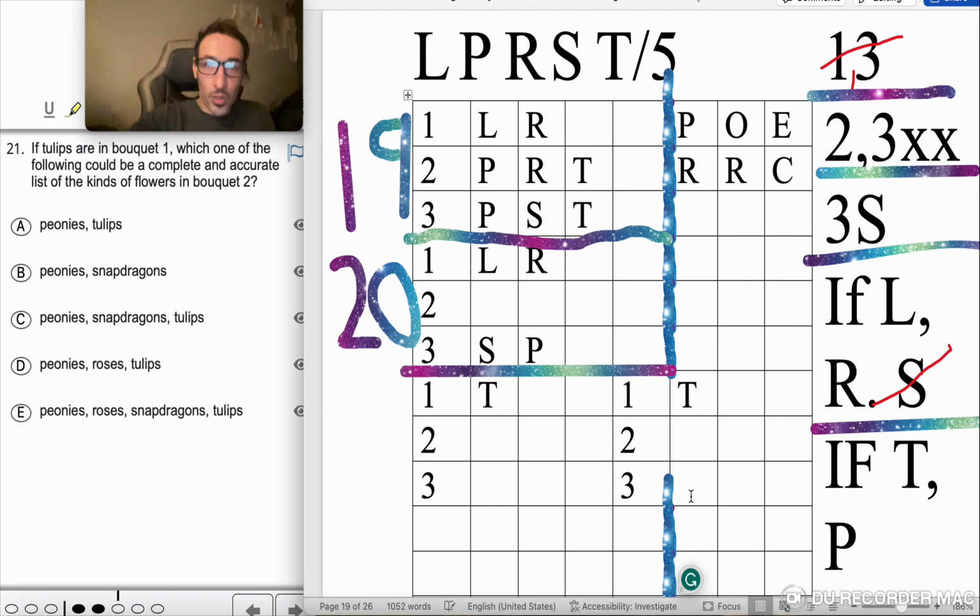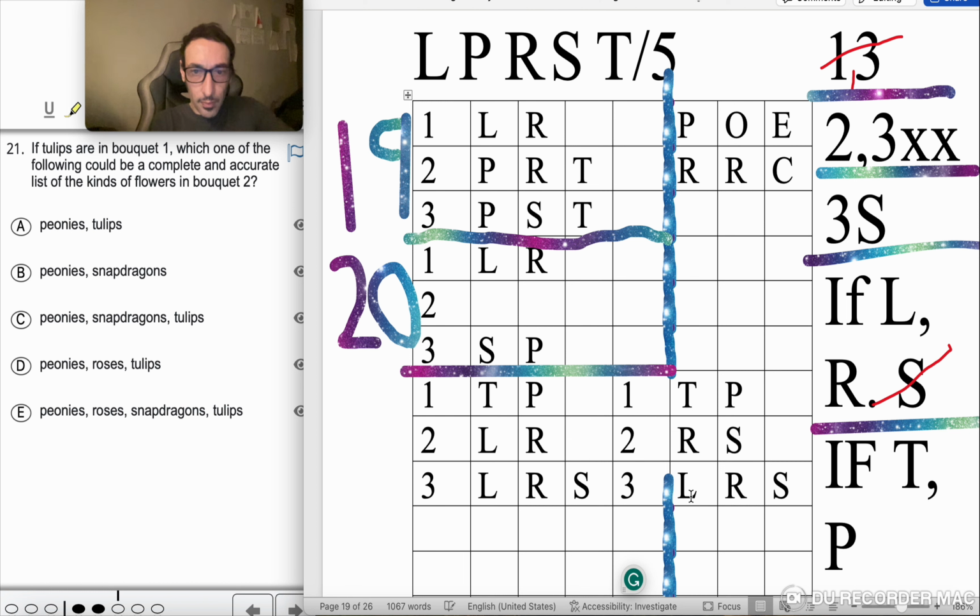And with these 2 worlds I'm going to create, we're going to have it where the position is available that T is in 1, and accompanying T is going to be P, so T and P is going to be in 1. That puts L, R, S into 3. 2 and 3 need to have the same kind, so we're going to have the letter R in number 2.